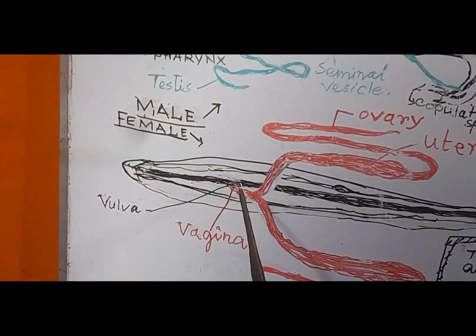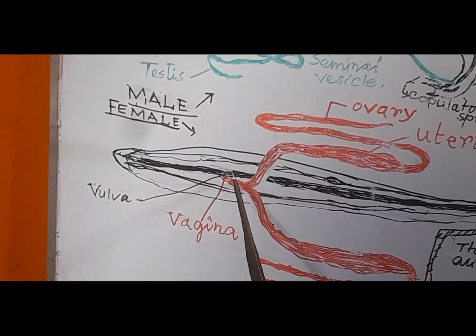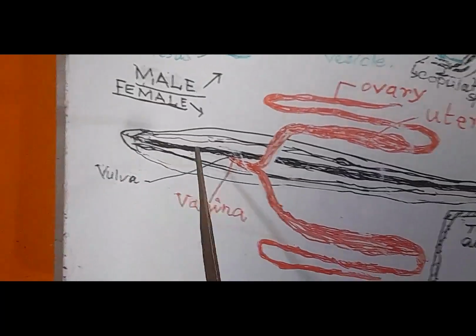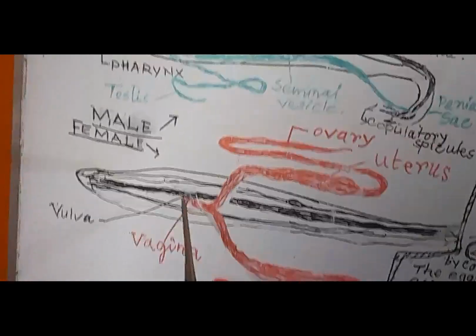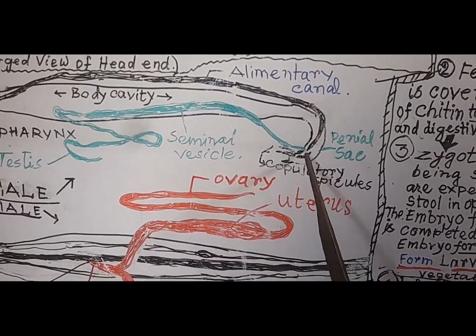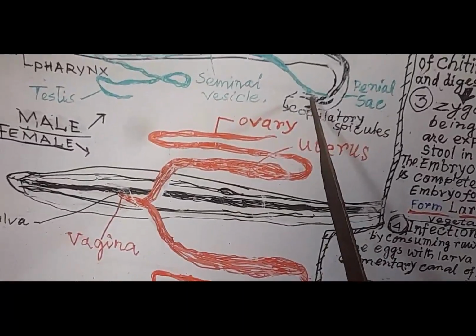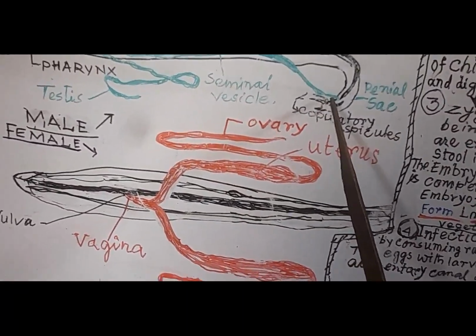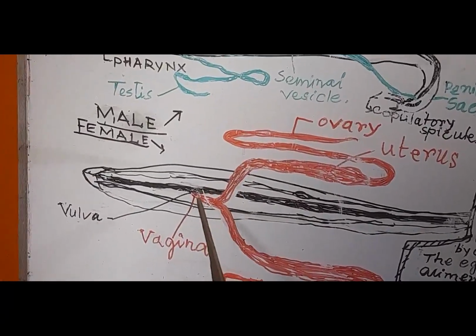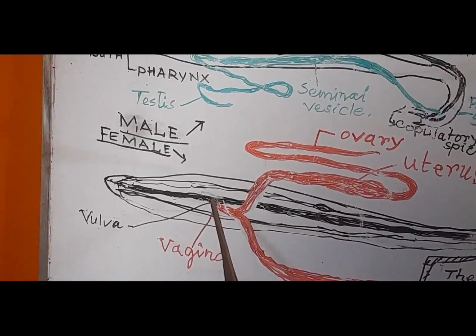I said that the female genital pore is present anteriorly from the mouth, at 1/3 of the body. But in case of the male, its male organ is present at the last point. At the time of reproduction, copulation, this male structure is introduced within this very passage, and the copulation ends.